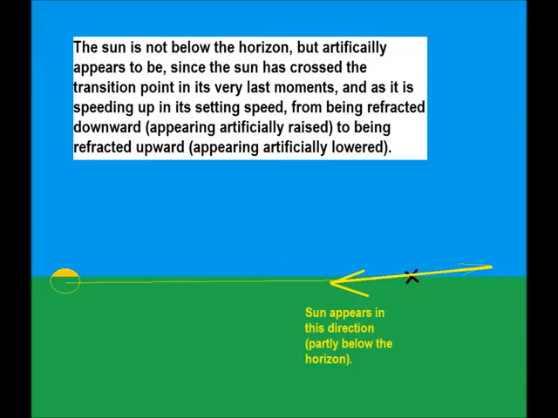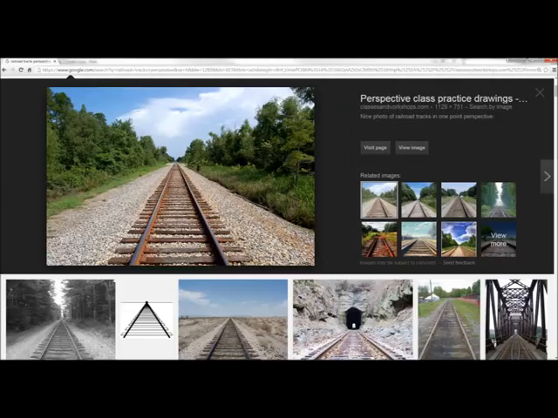This is the very same thing as the train tracks meeting in the distance. The train tracks are actually parallel, but in appearance are non-parallel, and if they are non-parallel, they therefore, in appearance only, must falsely appear to almost touch on the horizon.